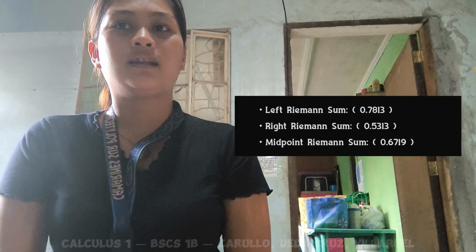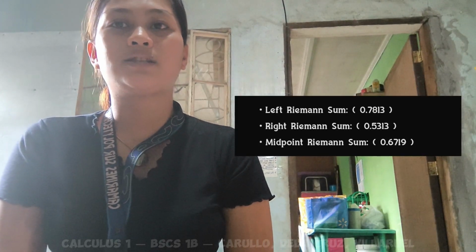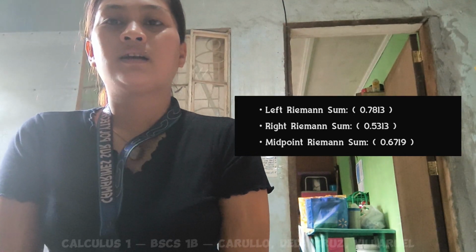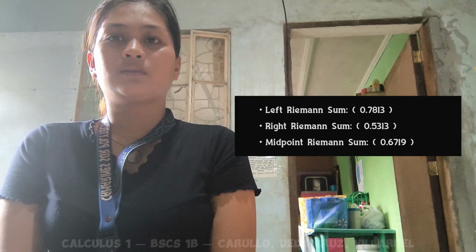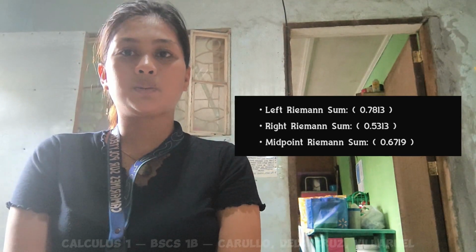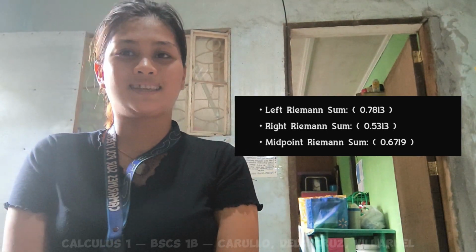For the summary, the left Riemann sum is equal to 0.7813. The right Riemann sum is equal to 0.5313. The midpoint Riemann sum is equal to 0.6719.